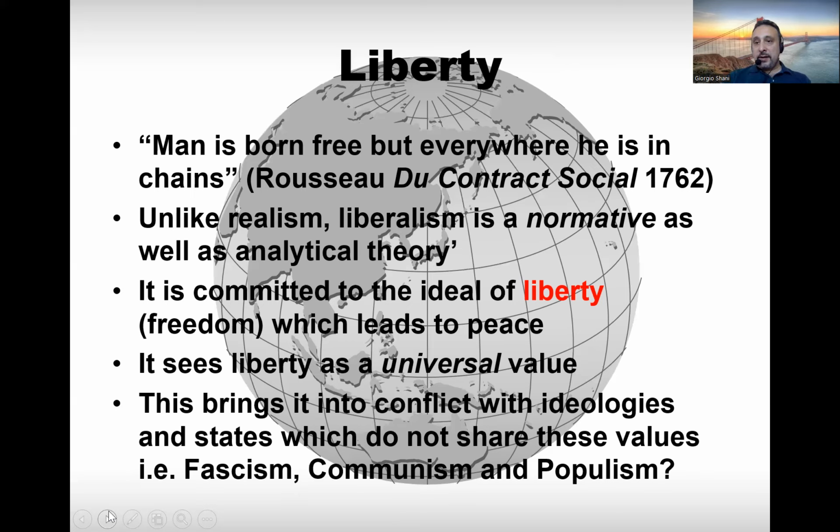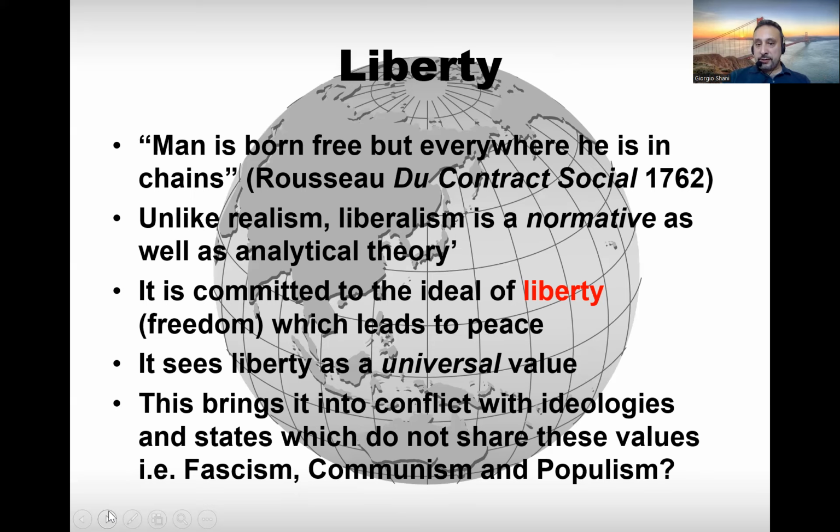So if we look at the history of the 20th century as looked at through the prism of liberalism, which is the dominant way of looking at history within the West, this sees the 20th century as a triumph for democracy and freedom against fascism within the Second World War and later communism within the Cold War.